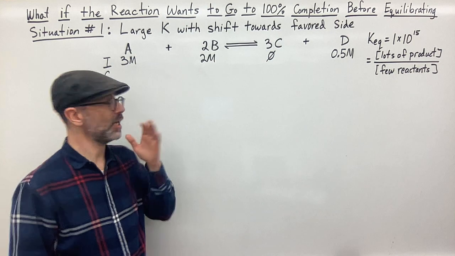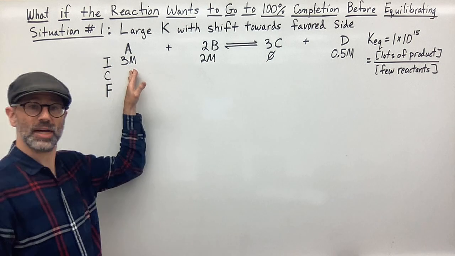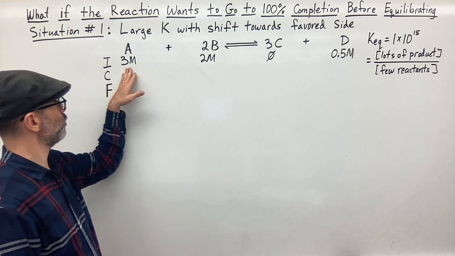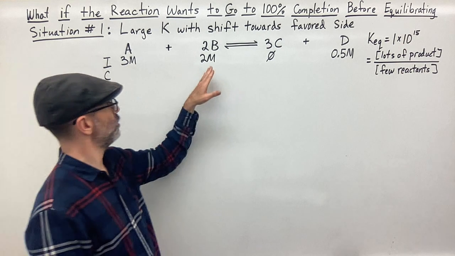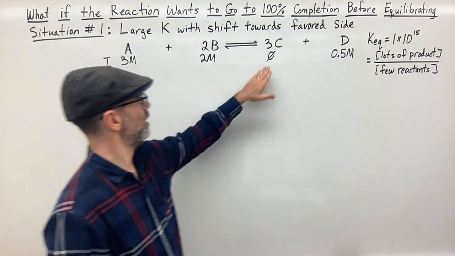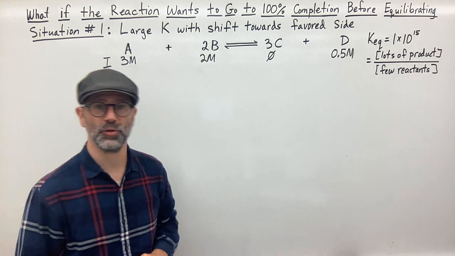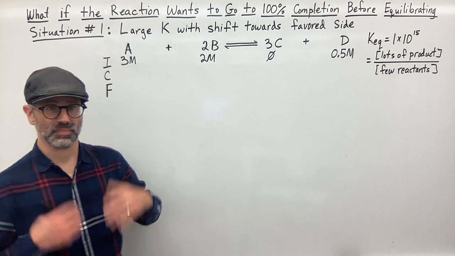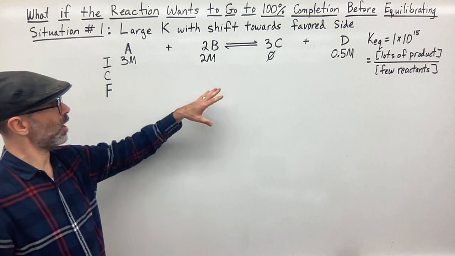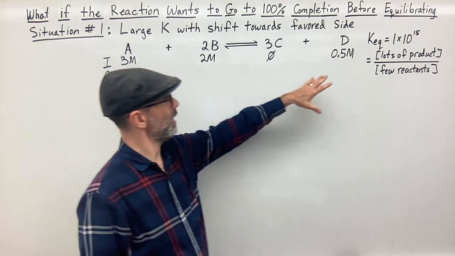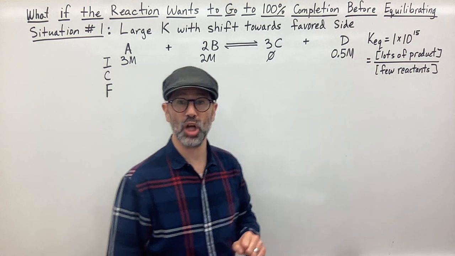So here's my example. I have A plus 2B going to give me 3C plus D. In my initial concentrations, I have 3 molar of A, 2 molar of B, 0 for C, and 0.5 molar for D. Now, one thing to point out is that here K is very large.